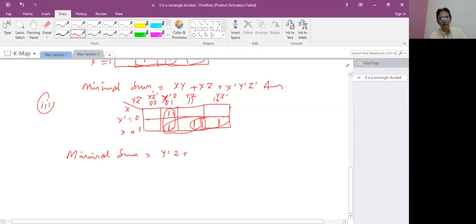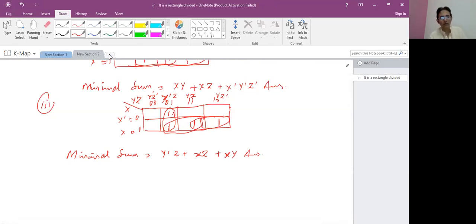But when we consider this loop, it means z is common and x in this row. So the answer is xz plus sign. And when we consider this loop, it means y is common and x in this row. So the answer is xy. So this is called minimal sum for 3 variables.